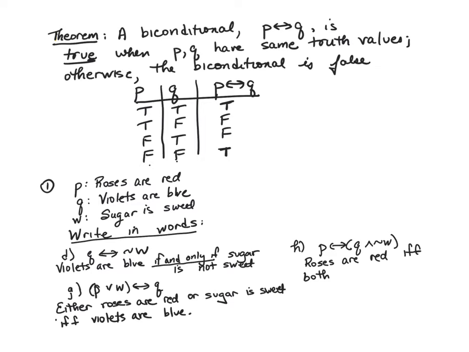Both violets are blue and again we have the negation of W. And sugar is not sweet. Okay, I think that takes care of translation. Now let's go the other way, from words to symbols.